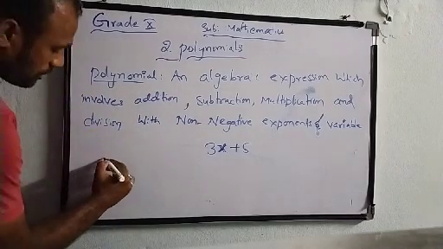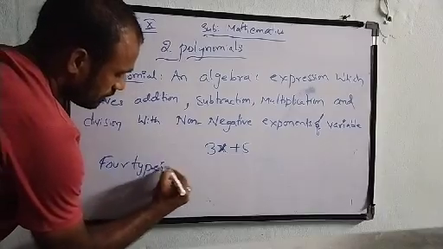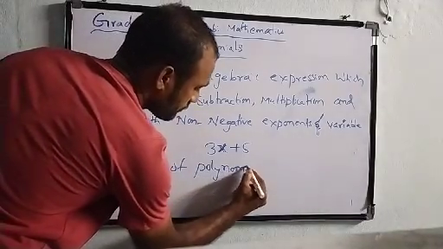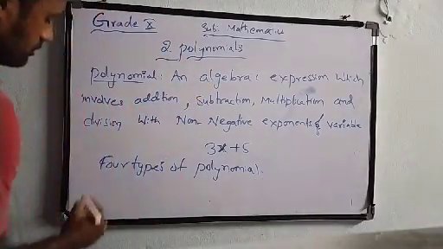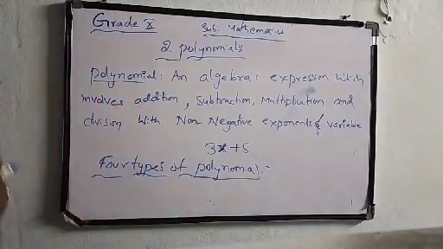So we have totally four types of polynomials.